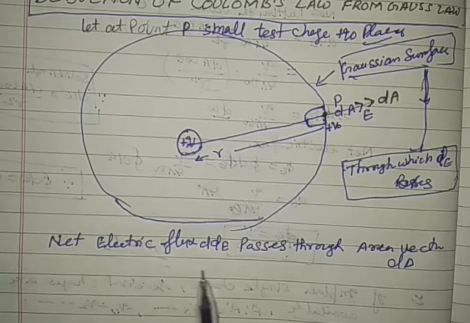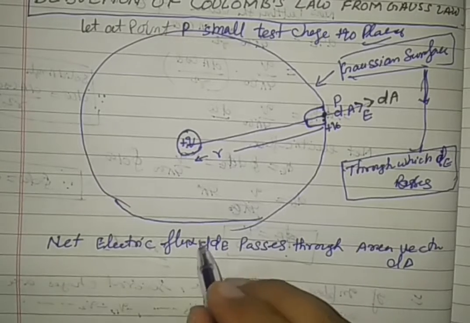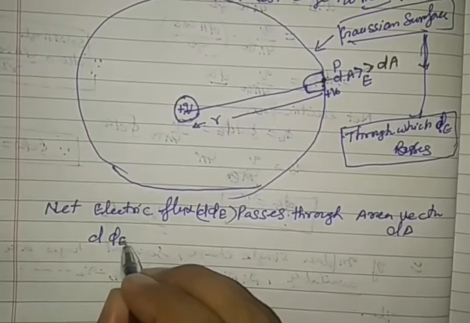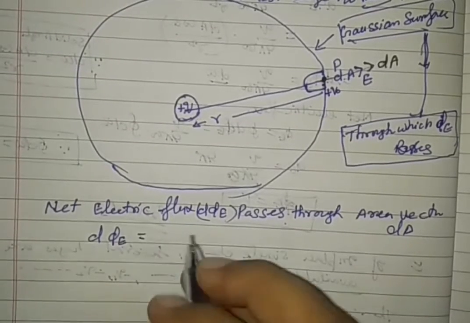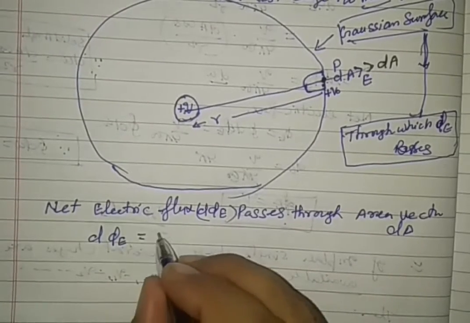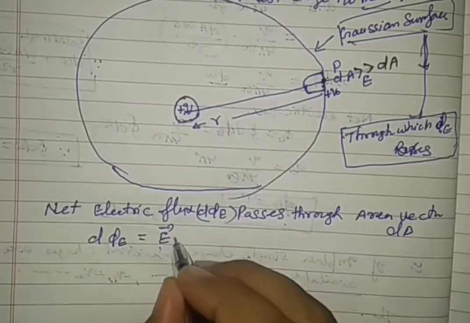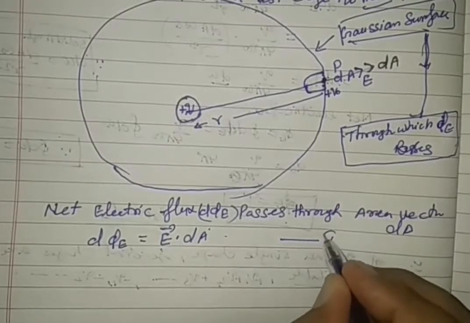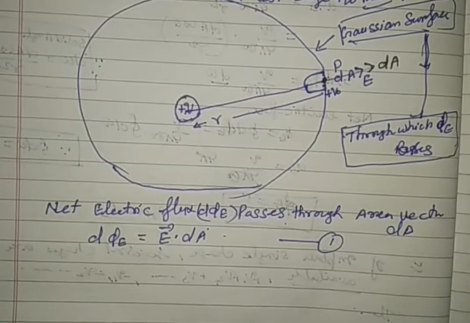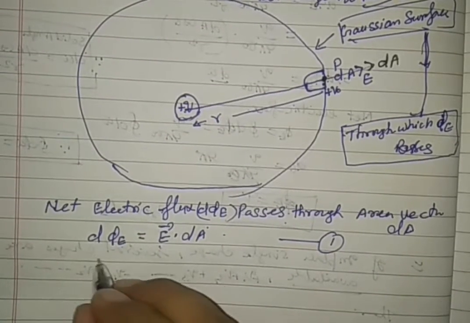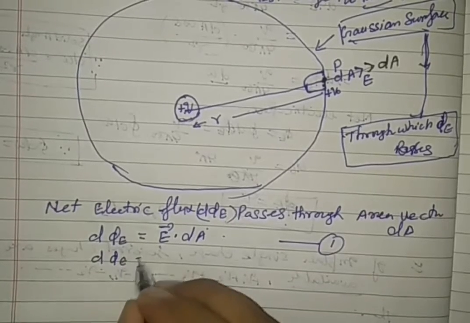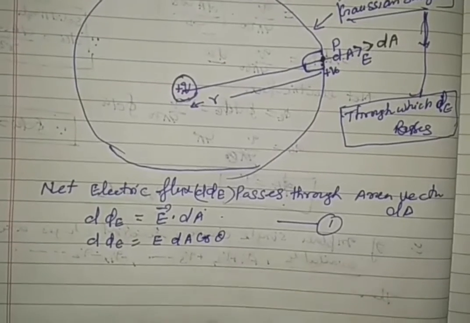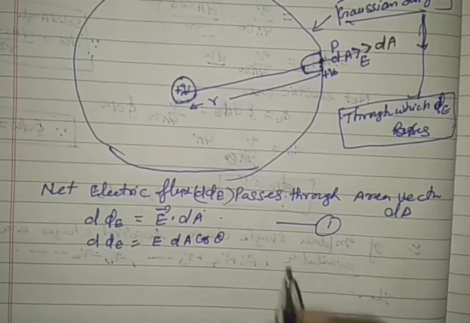Now see, net electric flux d phi E passes here. So d phi E is equal to E dot dA, and write it as equation number 1. Right? Now we can write d phi E is equal to E dA cos theta.